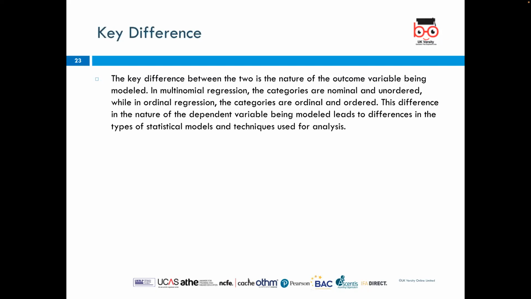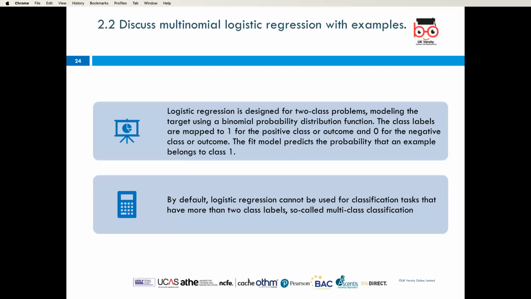So the first one is nominal and unordered. The other one is ordinal and ordered. This difference in the nature of the dependent variable being modeled leads to differences in the types of statistical models and techniques used for analysis. So we have a discussion between the two with example.